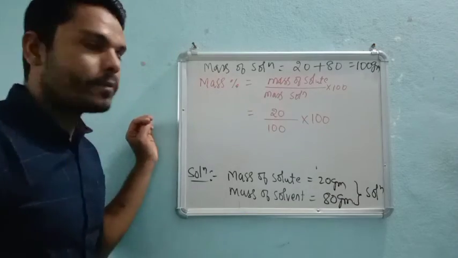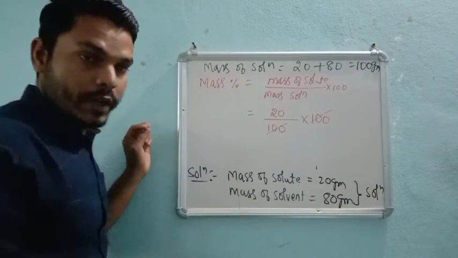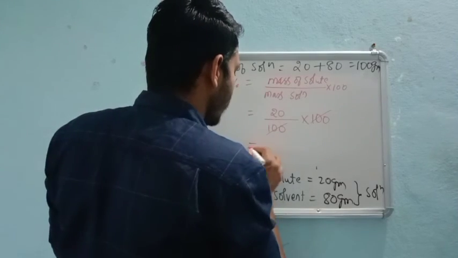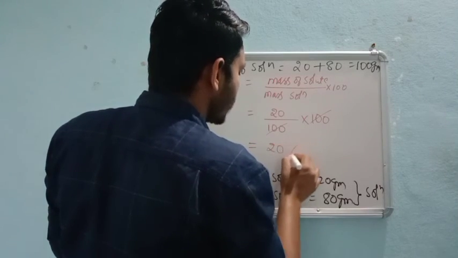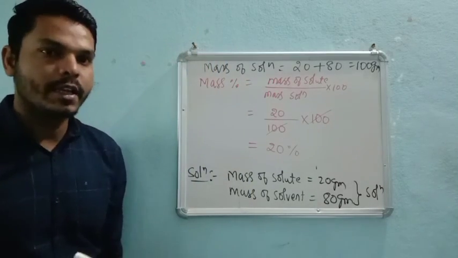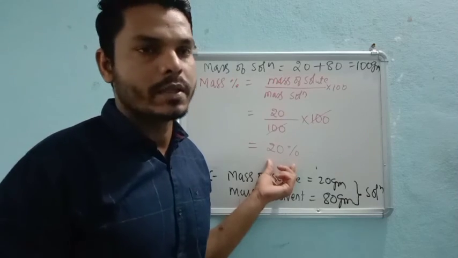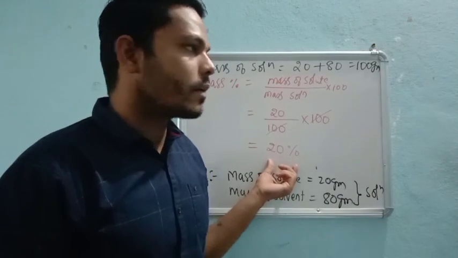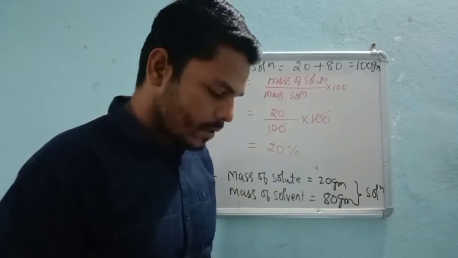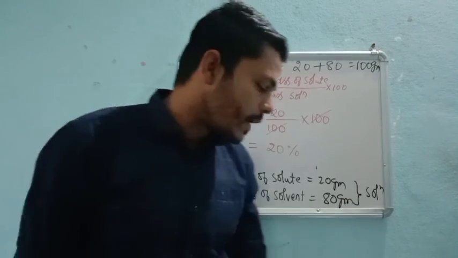Definitely a very simple calculation, right? The 100 will cancel, which becomes 20%. That means the mass percentage here is 20%. Very simple this time. Volume percent as well as this mass percent, we will go for one more class and then we will wind up this chapter. Thank you.